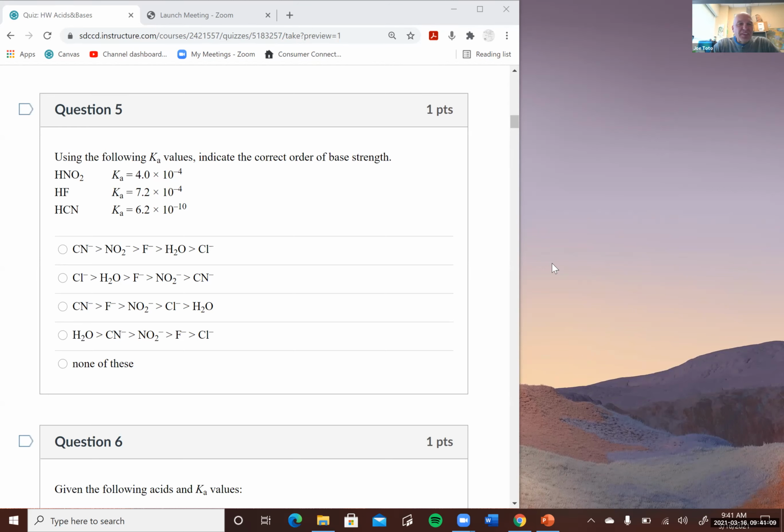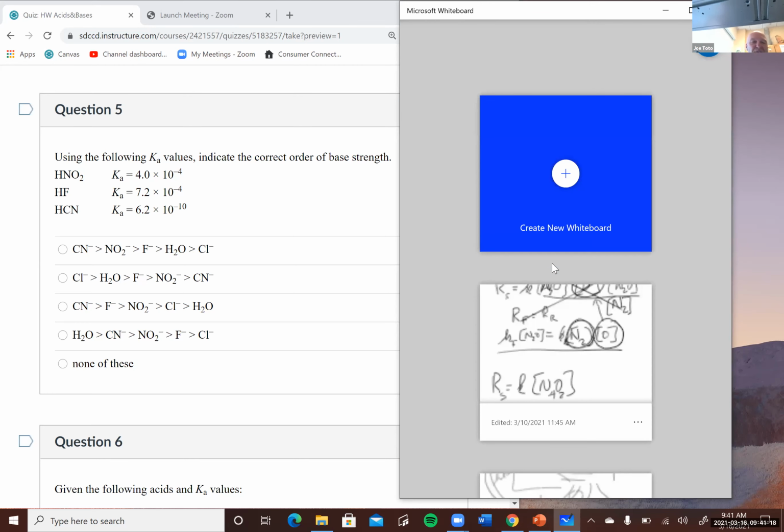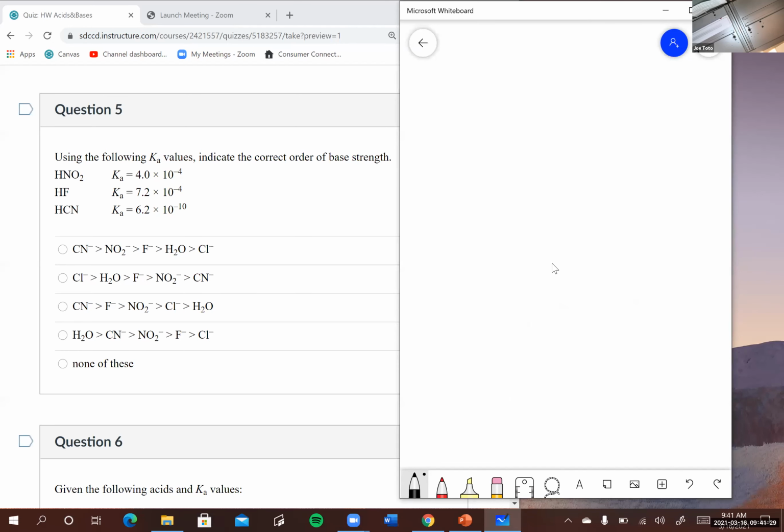Yeah, so we have to use that analogy that we were looking at last time that relates the strength of an acid to its conjugate base. Remember that relationship was something like this, that Ka times Kb equals Kw.